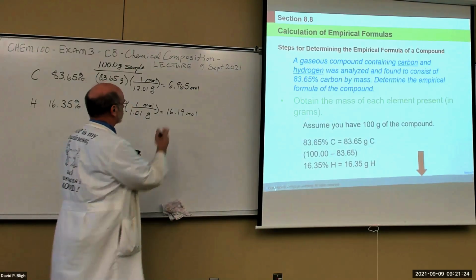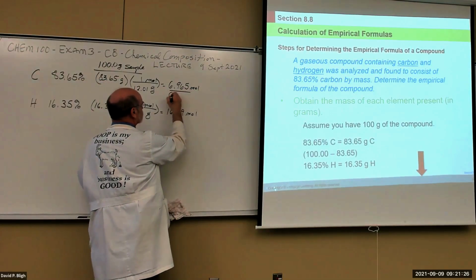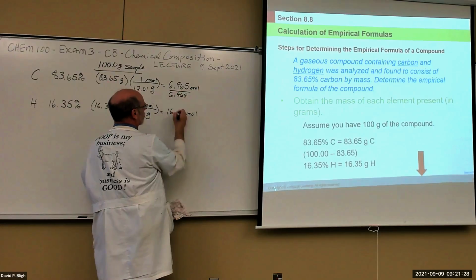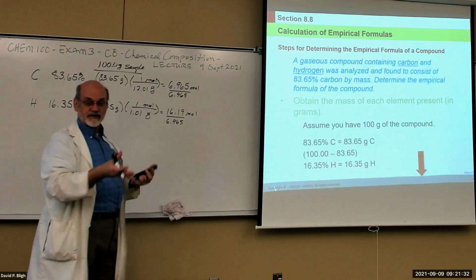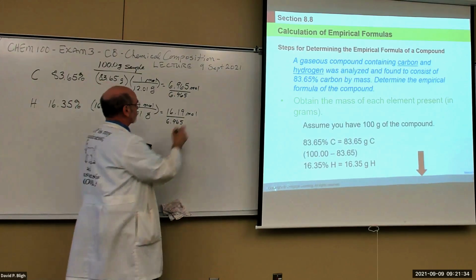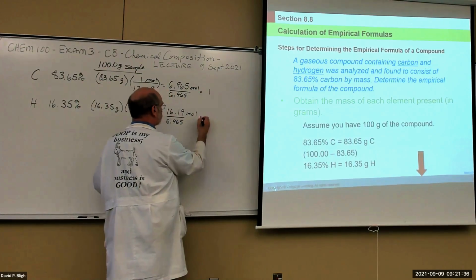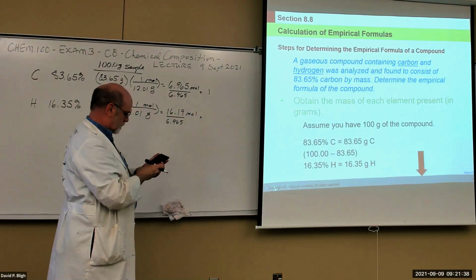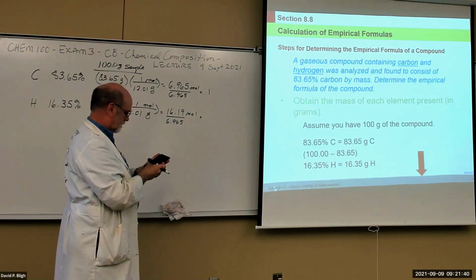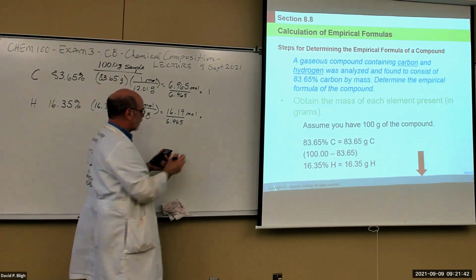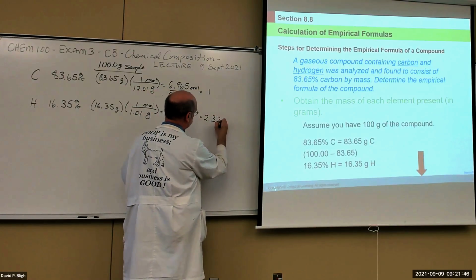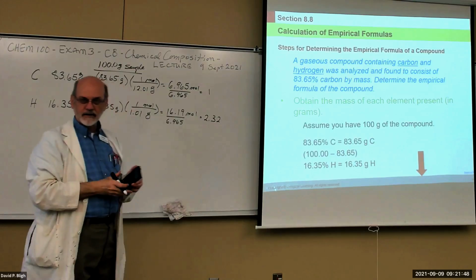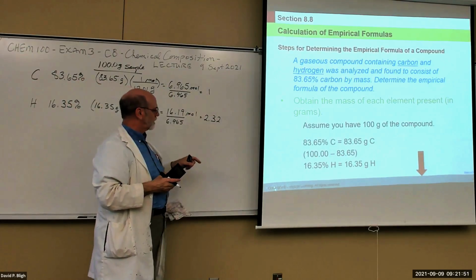Yeah, that's right. If we say 6.965 here and 6.965 here, divide both of them by the same number. That's equal to 1. And this is equal to 2.32. We're getting closer.